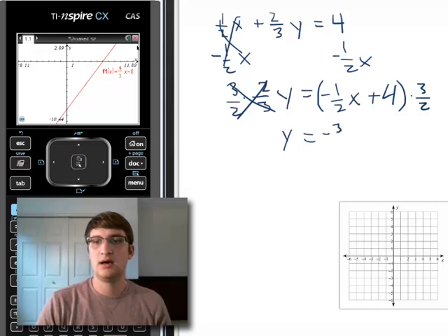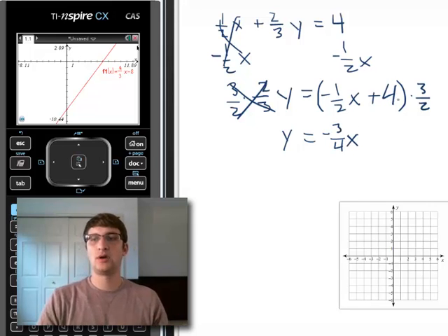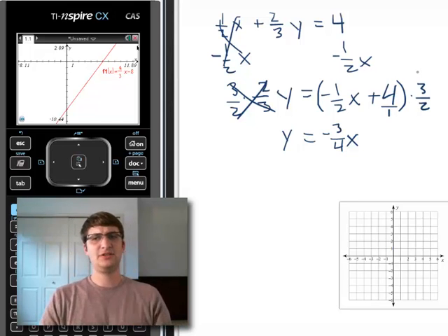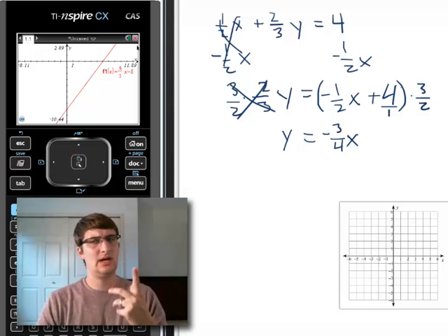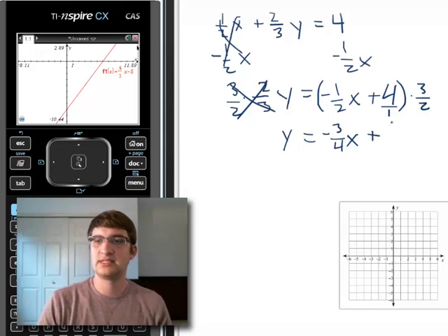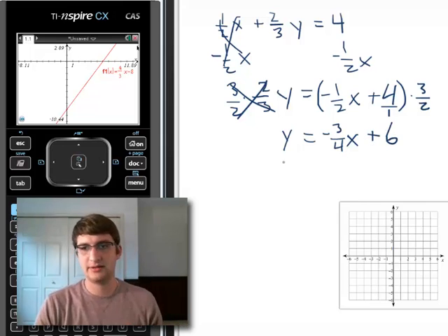So let me just write that. And then I got 4 times 3/2. Well, let me just put this as a fraction. 4 times 3 is going to be 12, and then 12/2 is just going to be 6, okay? So I got a positive 6 here as my y-intercept, all right?